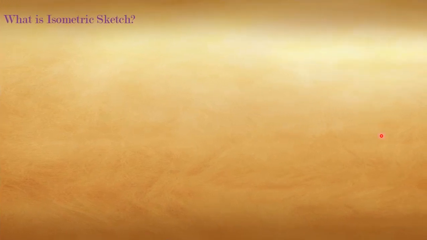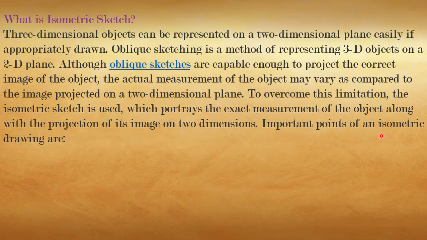Now let us understand the isometric sketch. The oblique sketch gives the idea of the three-dimensional image on a 2D plane. But when we talk about the actual measurement, as in the previous slide we observed that the lengths in the image for the cube are varying, but still that looks like a cube.